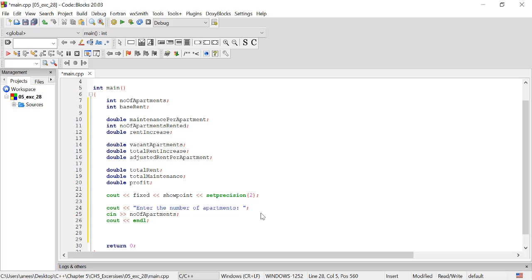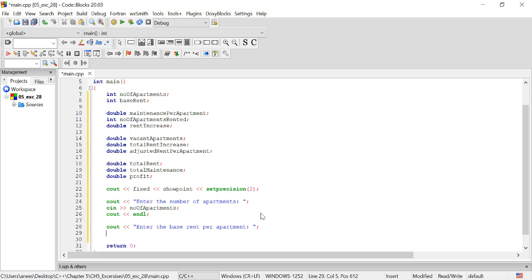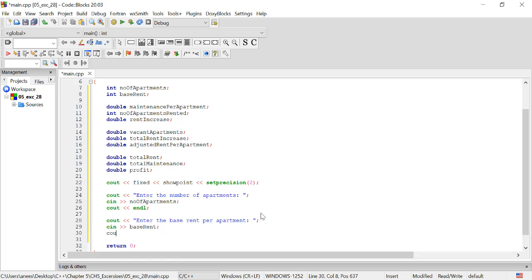Next we will cout, enter the base rent per apartment, cin base rent, cout endl.